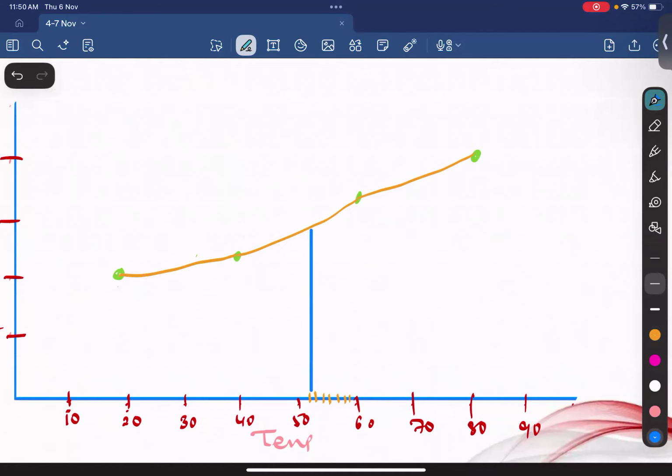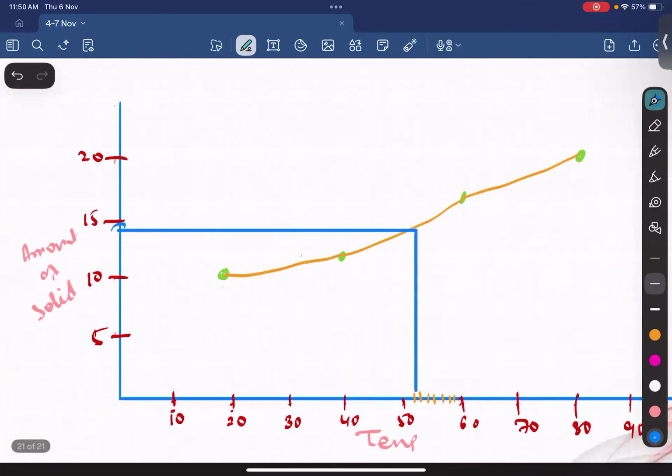So the temperature will be 52, and then you have to go to this line. So then you have to calculate this point. So I guess it would be 14, right? 14 point something, 14.5. So what will be the solubility at 52 degrees Celsius? It would be 14.5 gram per 100 gram water.